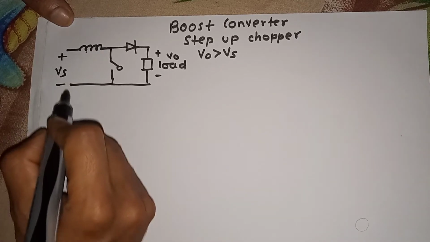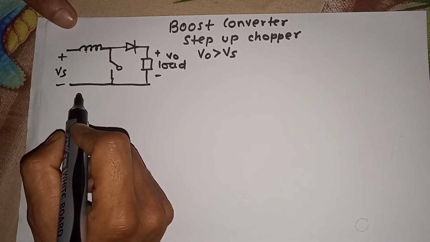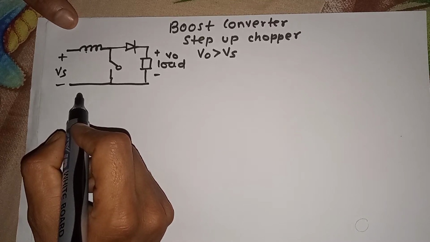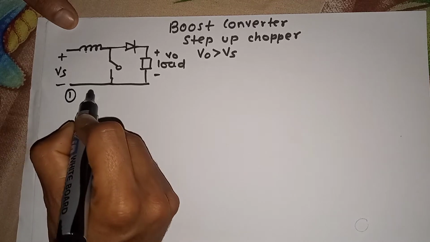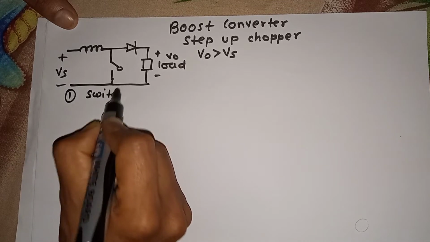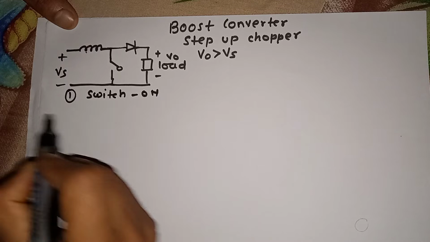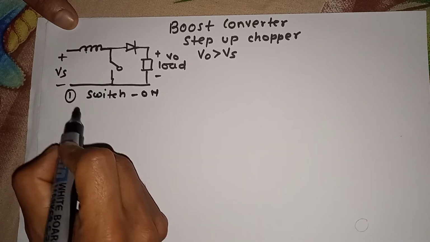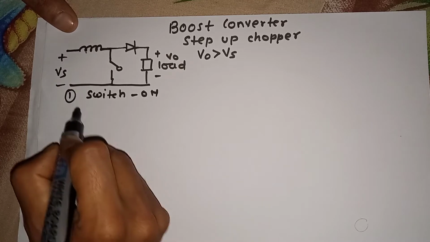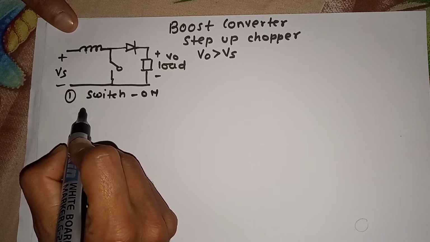Now we have to find the conditions when the boost converter is operated in the on and off conditions. First we will see the condition when the switch is on. We can draw this circuit again and make the switch on, and see the direction of current and voltage.